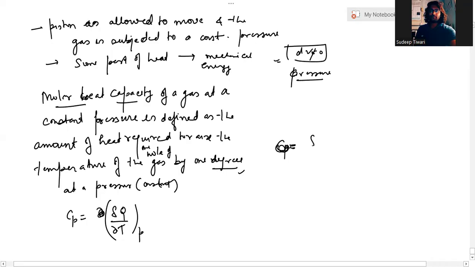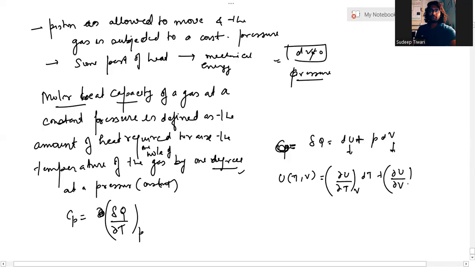What was delta Q? Delta Q was nothing but dU plus P dV. Now my P dV is not zero, and my internal energy I can write as a function of T and V again. So what I'll get is simply del u upon del T at a constant volume dT, plus del u upon del V at a constant temperature dV. So this is one thing that I know already.